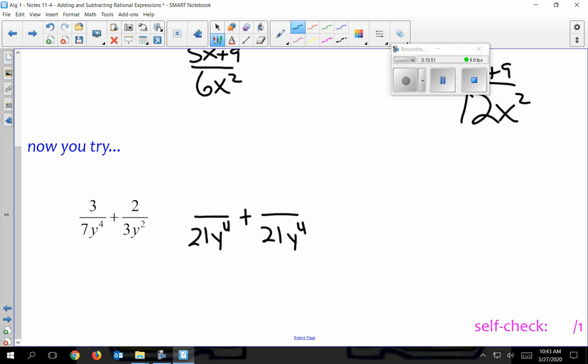So to make the 7y to the 4th, 21y to the 4th, I had to multiply both sides, top and bottom, by 3. So 3 times 3 is going to give me a 9 later on. I'm getting ahead of myself. 7y squared to make it, 3y squared to make it 21y to the 4th, I had to multiply it by 7y squared.